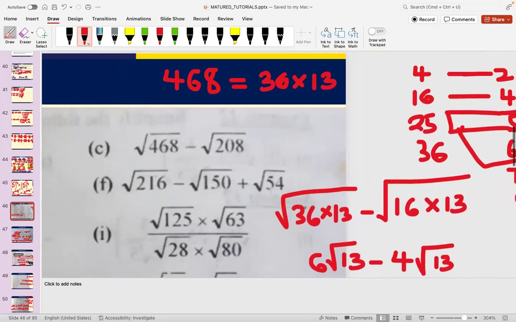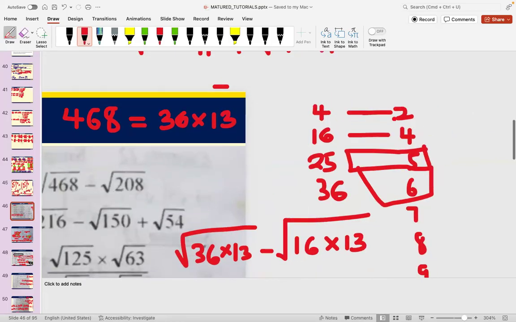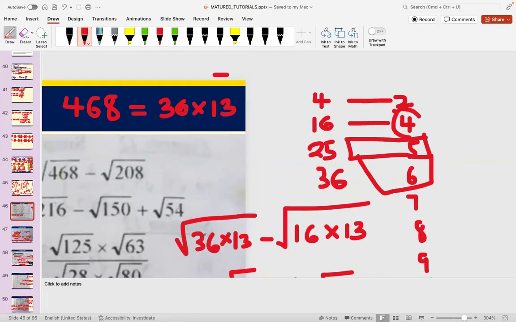When you are working with the lower numbers and it's not working, you start working with the perfect squares. And the lower number you can work with, first of all, is 4, because 4 is a lower number. At the same time, it's a perfect square. Okay. Then you can continue 16, 25, 36, and so on and so forth.